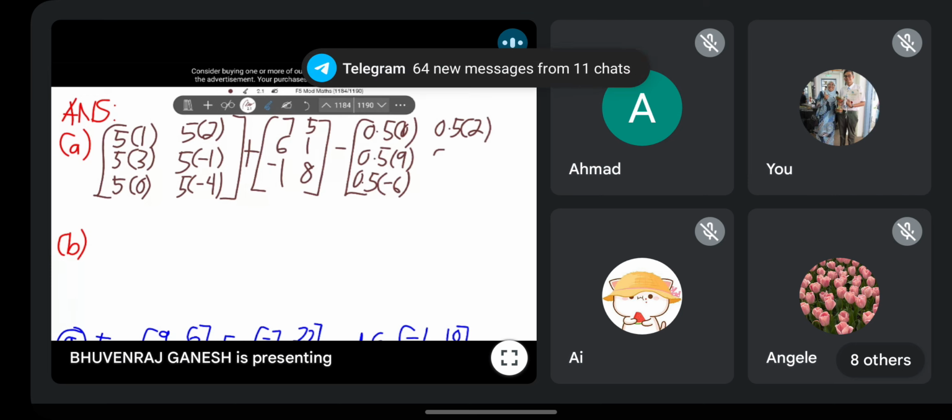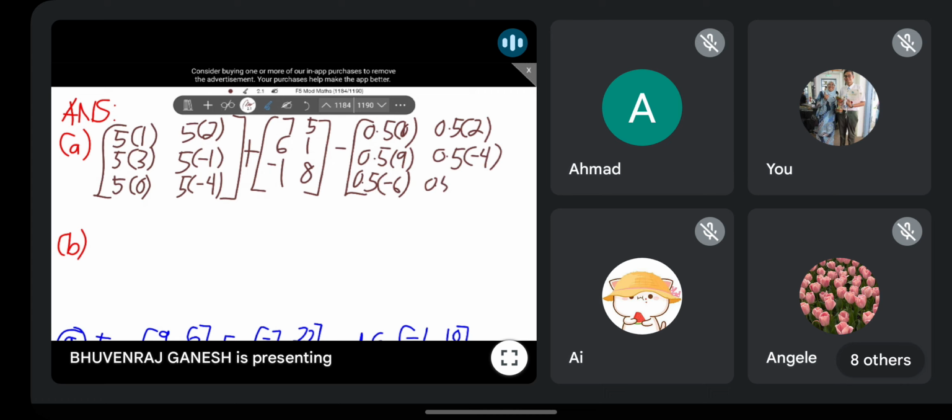Okay, 0.5 times 2, 0.5 times negative 4, 0.5 times 14. Okay, guys, are you all clear how I solve this? So if you press calculator, you should get the final answer like this: 7, 14, 16.5, negative 2, 2, negative 19.